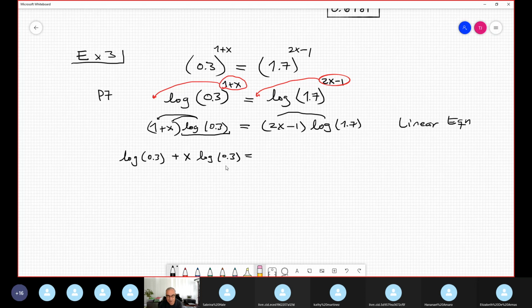On the right hand side, identical: the 2x log of 1.7 minus log 1.7. Okay, what is my goal? My goal is to solve for x. So, for example, this guy stays here, x log of 0.3. This now I move to the left.